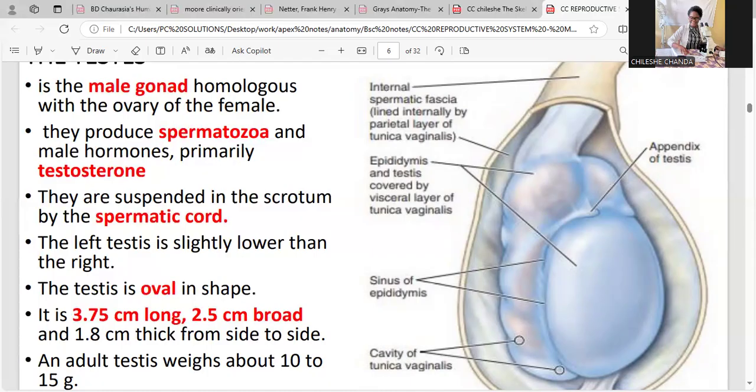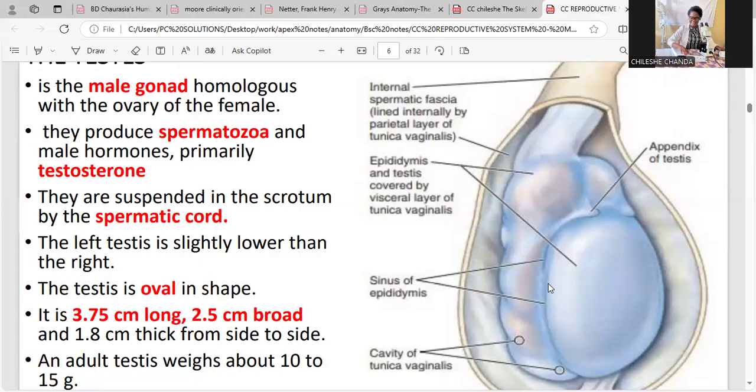So the testes are suspended in the scrotum by the spermatic cord, okay? This is the testis over here. Okay, the left testis is slightly lower than the right. The testis is oval in shape, as you can see. It looks like an egg. All right.